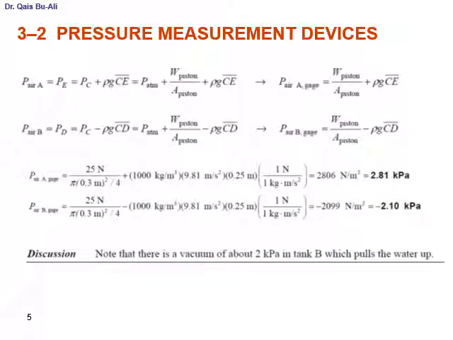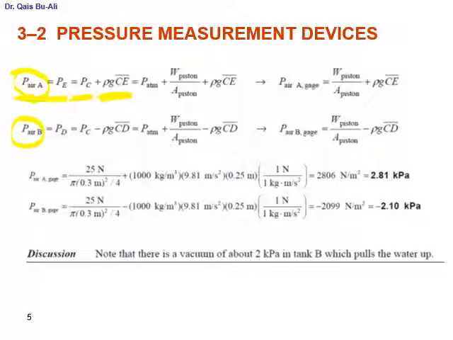And now he is telling you that you can look at the pressure of the air, which is equal to PE, which is equal to PC, plus rho g and this distance. This is the pressure of air in chamber A, this is the pressure of air in chamber B. This is what we are looking at.